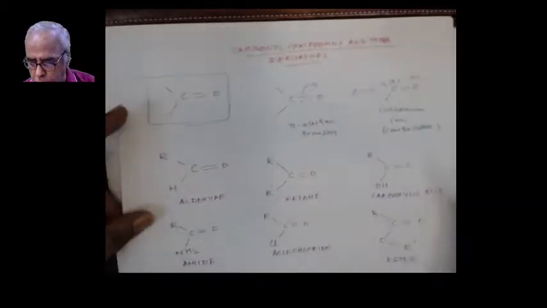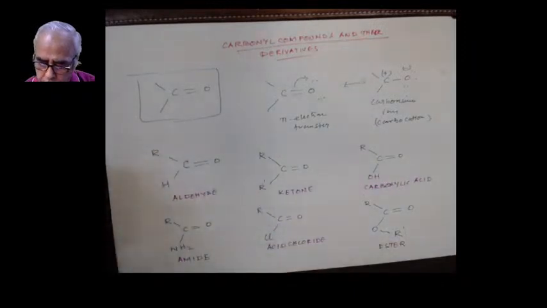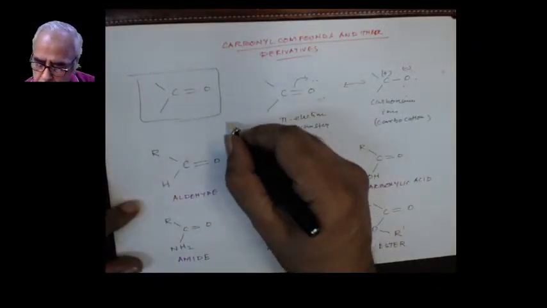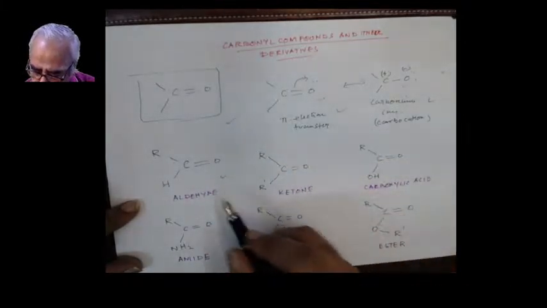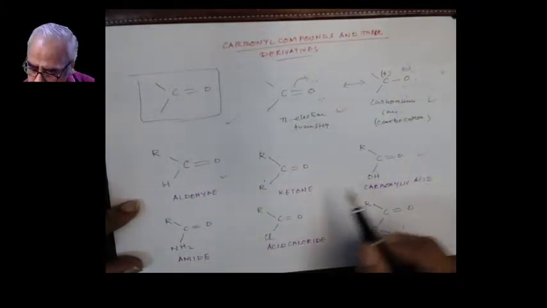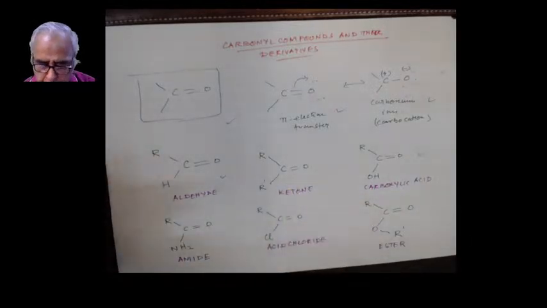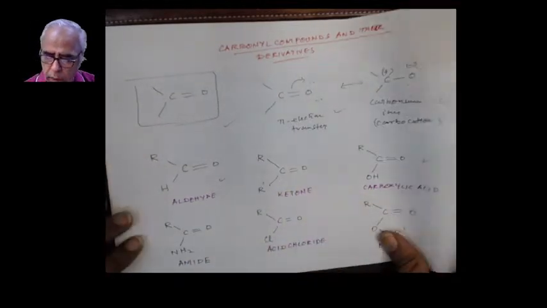Right. Now let us further develop. So now we have these two. We know already these things, and we have just discussed aldehydes and the carboxylic acid. And ketones are obtained from secondary alcohol, whereas aldehydes are obtained from primary alcohol.